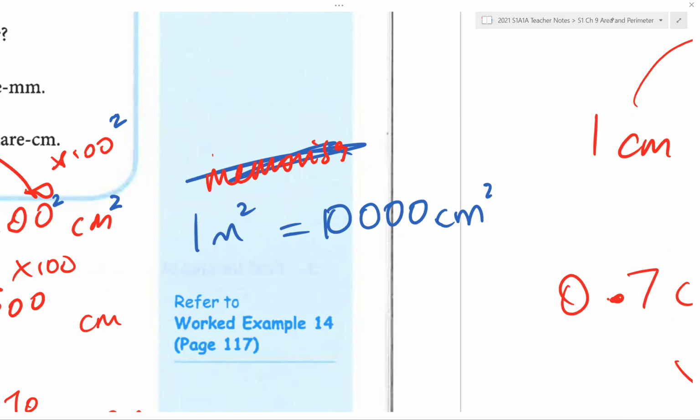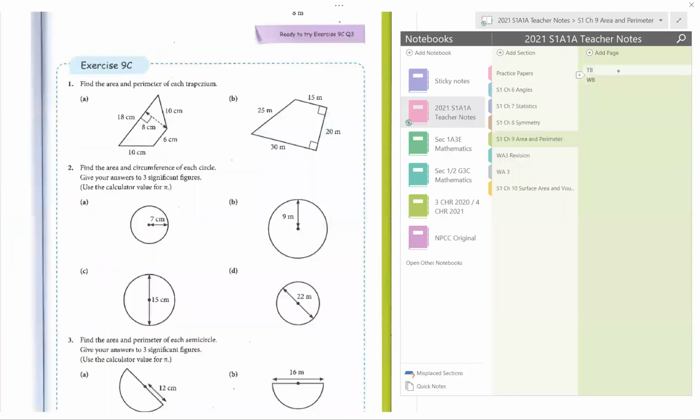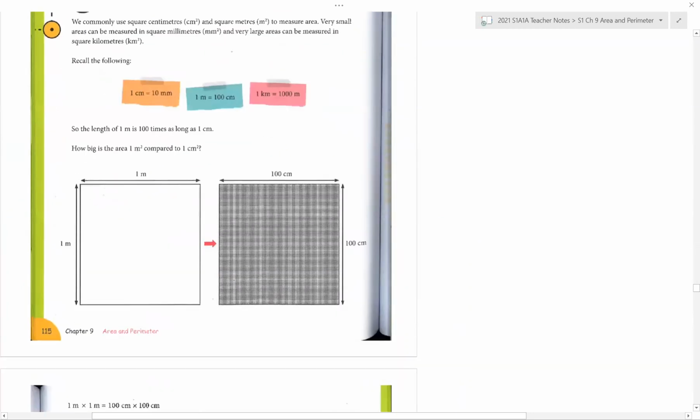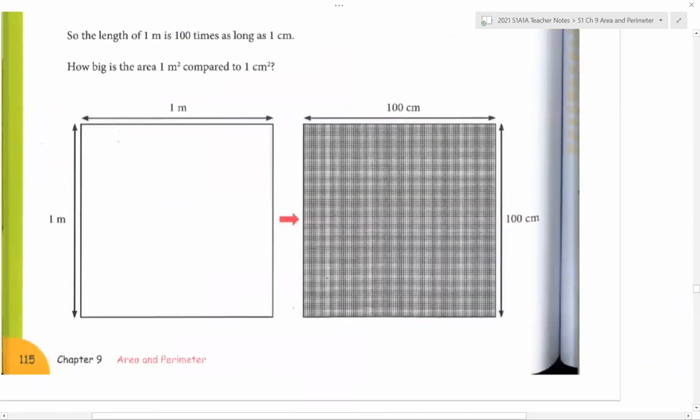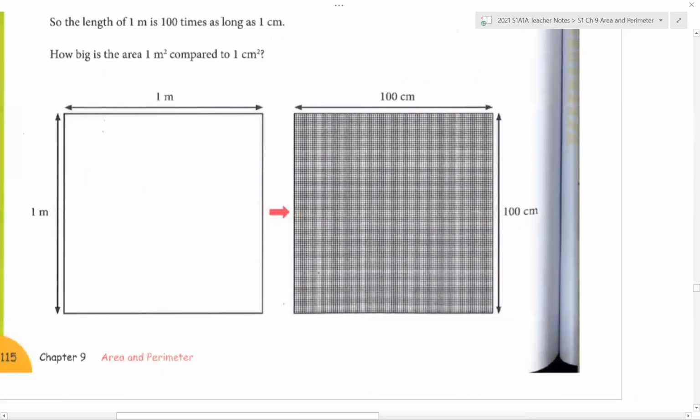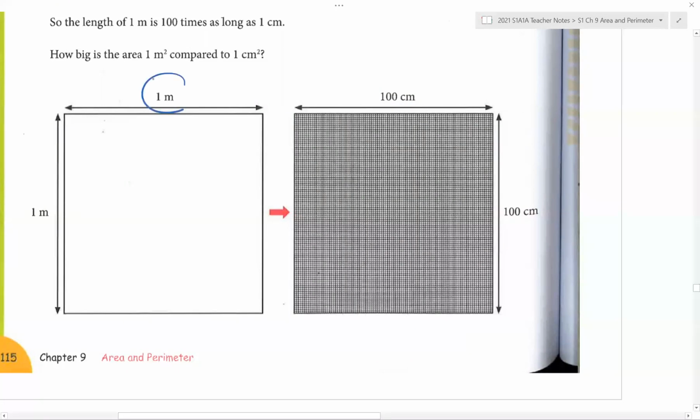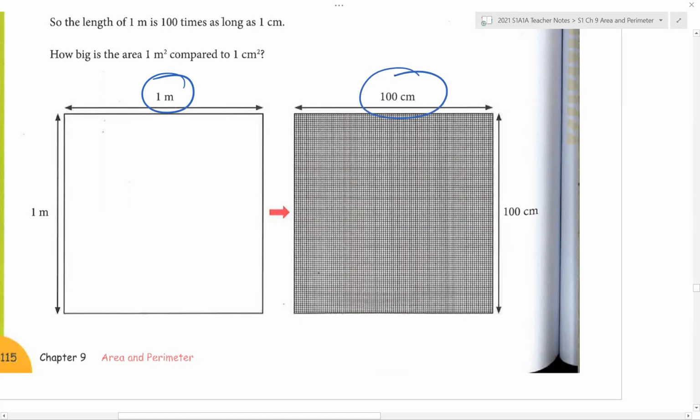Now we talk about why it is so. Look at your textbook. This is page 115. You see these two squares. Do they have the same size? Obviously, same size, right? What is the length for the square on the left? 1 meter. Same size as the square on the right, isn't it? What is the length shown? 100 cm. Is 100 cm equal to 1 meter? Same, right?